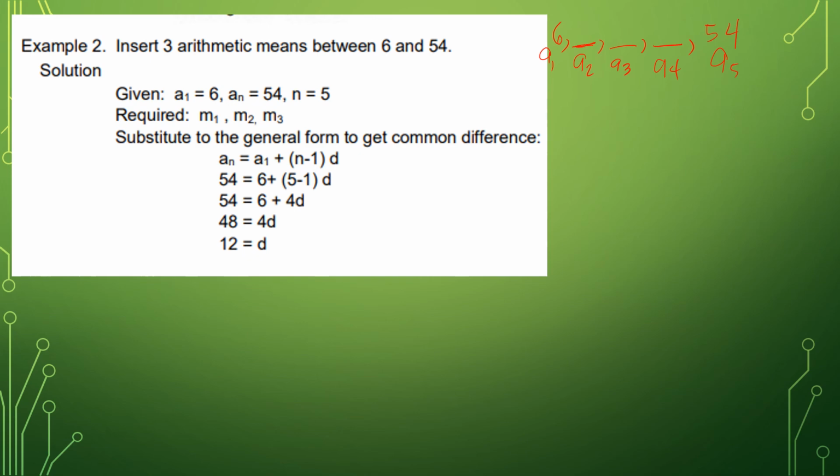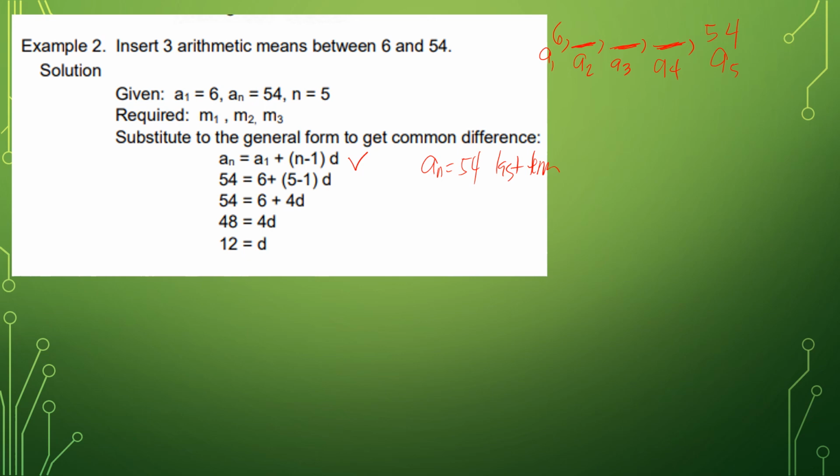So we are going to find the second term, the third, and the fourth. We can use the general term or the general equation to solve for D. The a sub 1 is equal to a sub 1. The a sub n is equal to a sub 1 plus n minus 1 times D. Since your last term here is 54, that is your a sub n. This is the last term.